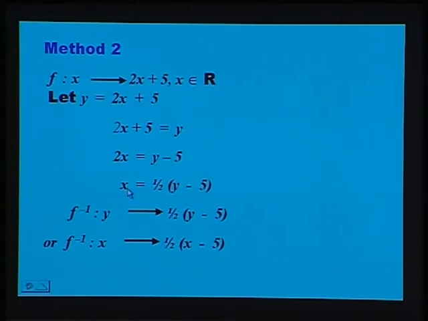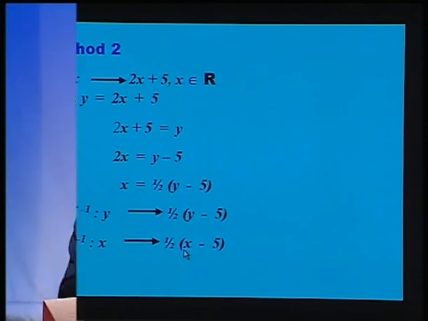So note that x was in fact f inverse of y. So f inverse of y is half (y minus 5). Or we can write it using x. So f inverse of x is half (x minus 5), because these variables are in fact placeholders in a function. So we could have written f inverse of u equal to half (u minus 5).